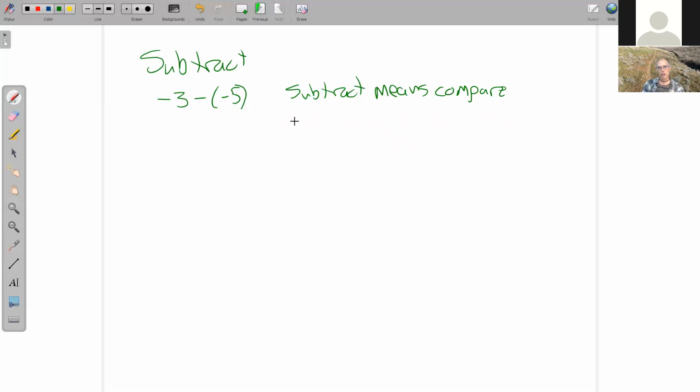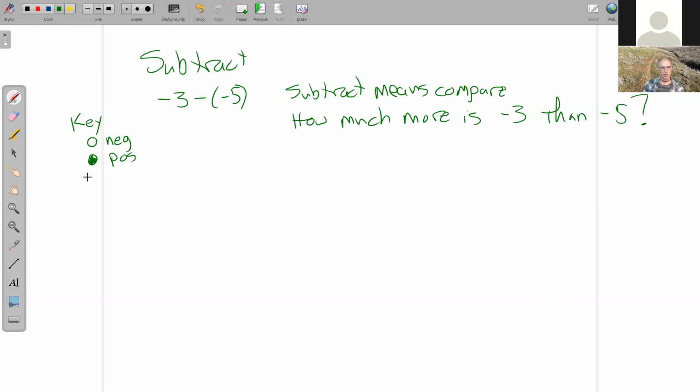And so here I would state how much more is -3 than -5. And so to do this one, again, I need a key because I got a new page. If this is all on one page, one key at the top would be good enough. So what does it mean to be negative here? What does it mean to be positive here? And what does it mean to be 0?